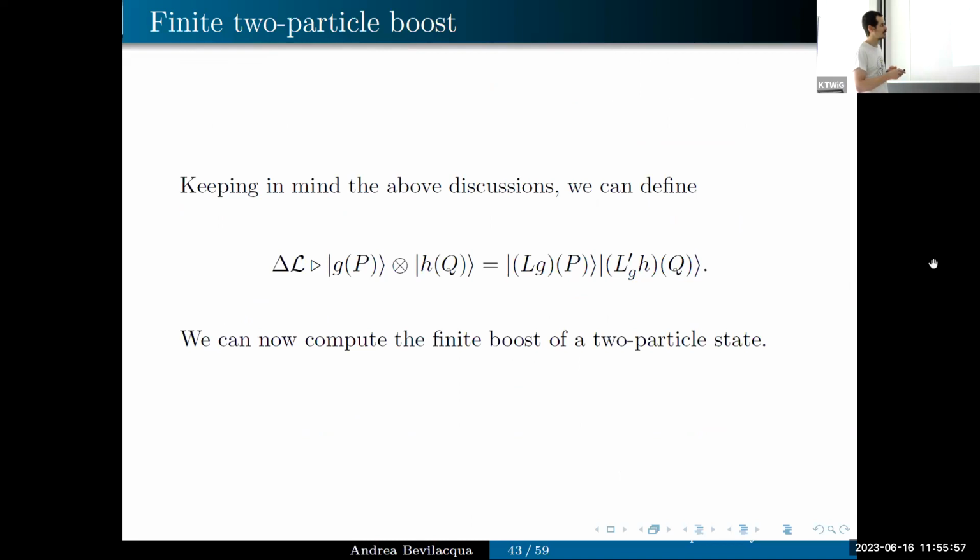Here there should be, if you want, L G L prime G minus 1. But since multiplication from the right is irrelevant, then we forget about it. But here this still should be L G prime minus 1.